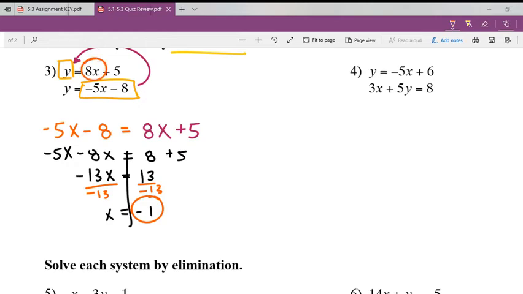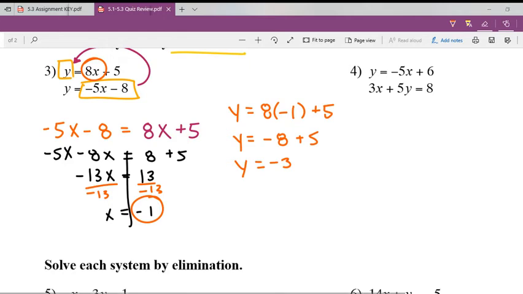So I'm going to plug it into that top one. So this is going to become y equals 8 times x, which we found to be negative 1, plus 5. Then I can just simplify. 8 times negative 1 is negative 8, plus 5. Combine your like terms is negative 3.